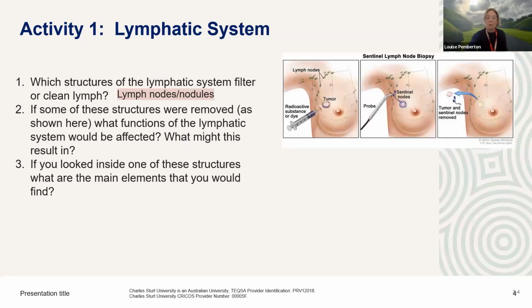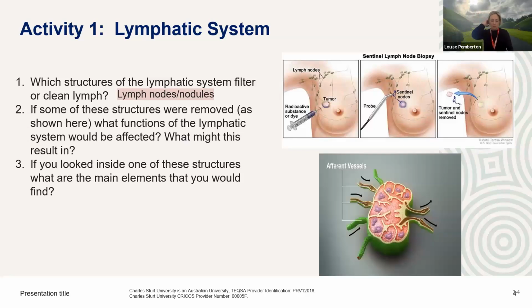Okay, I'll bring up a little lymph node for you. There's a lymph node. So you'd have all those really fine connective tissue fibers called reticular fibers. And they form the structure inside the lymph node that the immune cells can attach to. You've also got these vessels that supply the lymph node, and you've got other vessels that drain it.